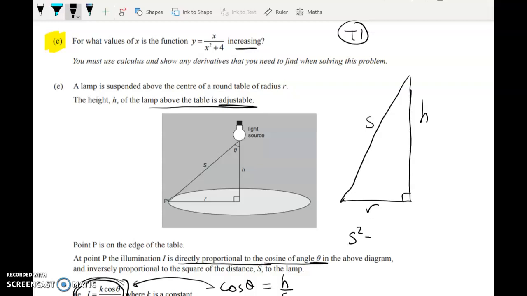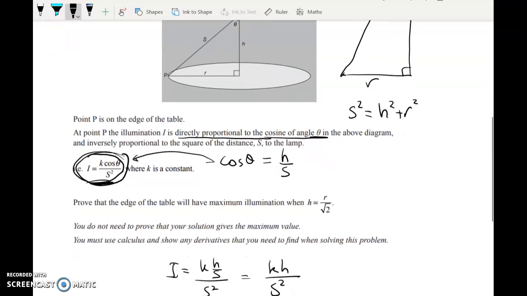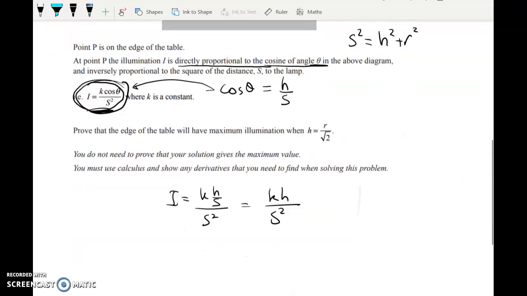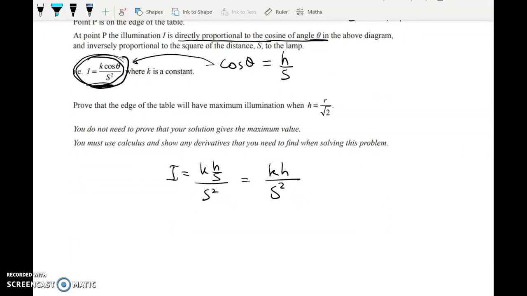We've got s squared is equal to h squared plus r squared. So I'm sitting with this formula down here, which is, oh, mistake there. So I is equal to kh over s cubed. We can replace the s using Pythagoras.